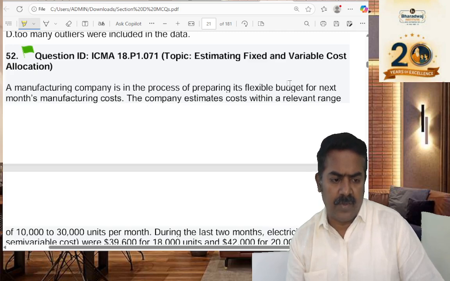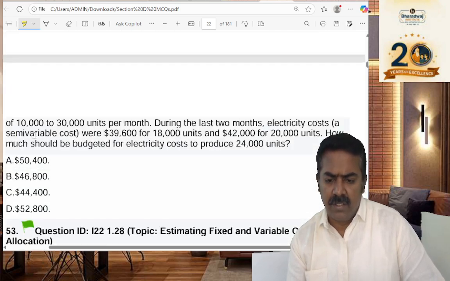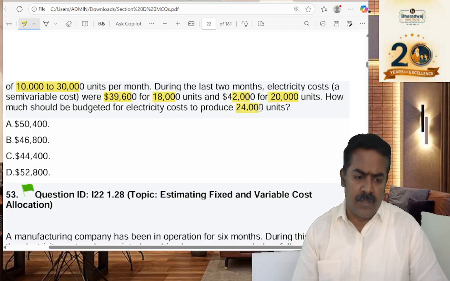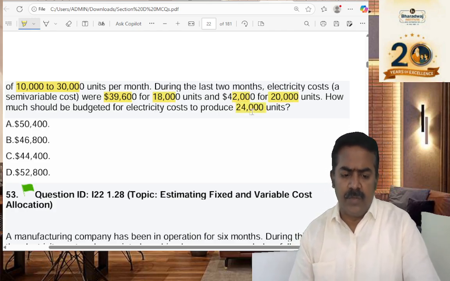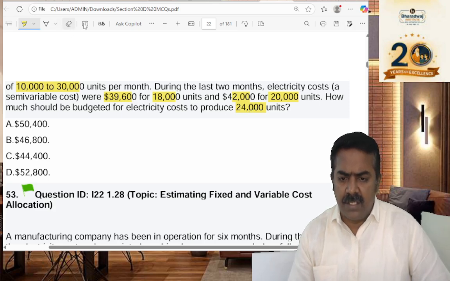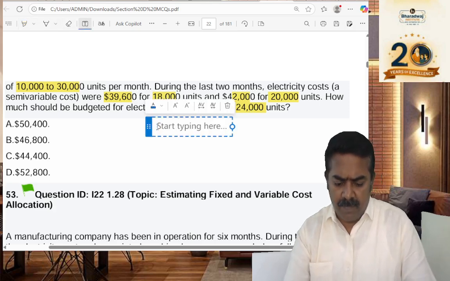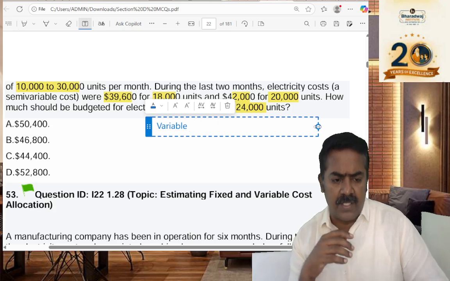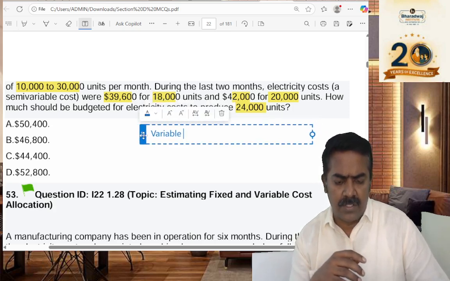Okay. Flexible budget for next month. The company estimates cost within the relevant range, 10,000 to 30,000 units. Electric cost was 39,600 for 18,000, 42,000 for 20,000. How much is the electricity cost for 24,000? So we can work out variable portion, change in the cost by change in the output. 39,600, 42,000.